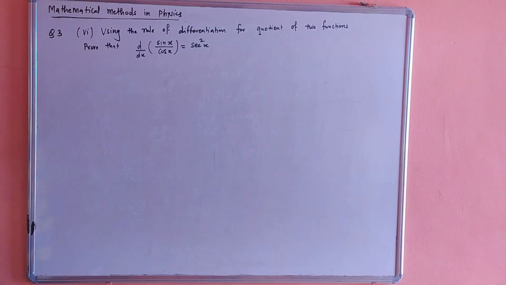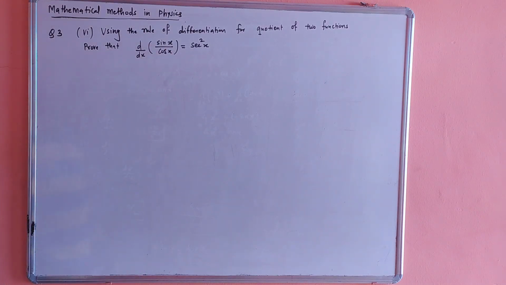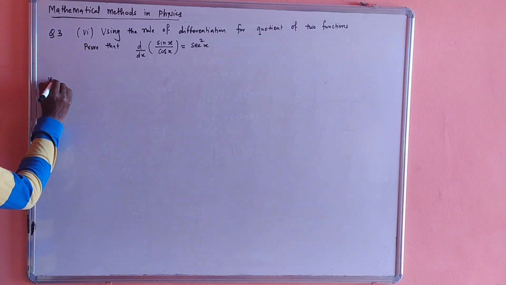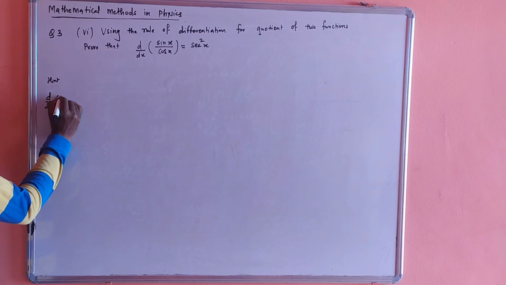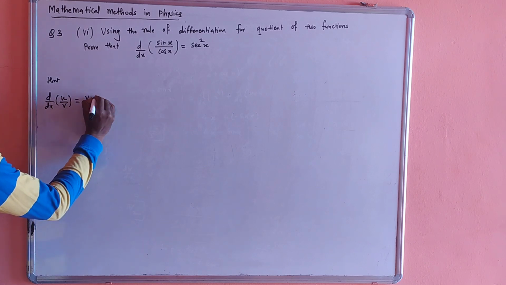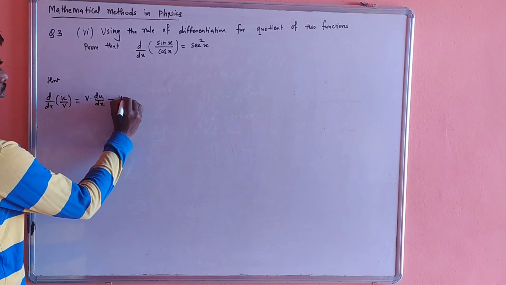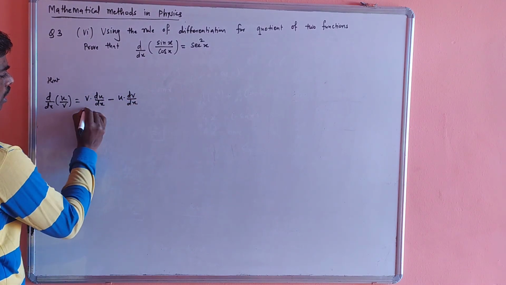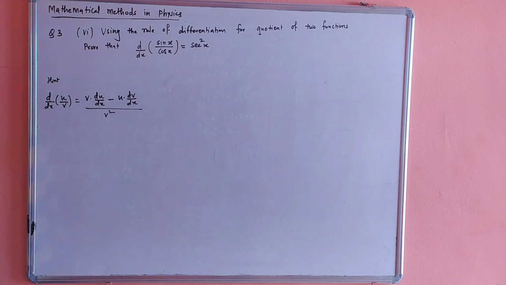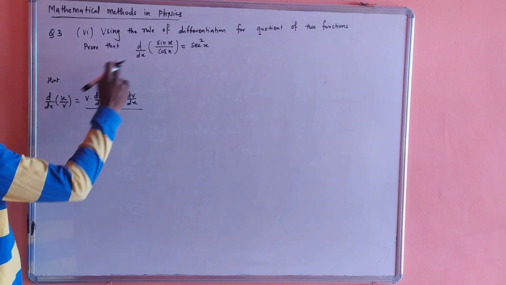This is problem number 6 from question 3. Using the rule of differentiation for the quotient of two functions, prove that d/dx of sin x upon cos x is equal to sec square x. The hint for this problem: d/dx of u by v is v into du by dx minus u into dv by dx, upon v square. Here u is sin x and consider v as cos x.